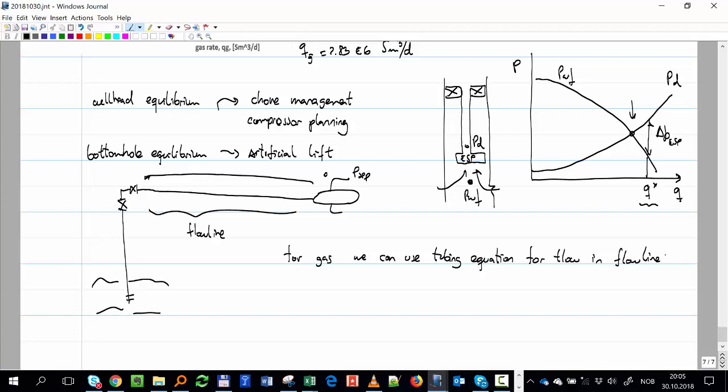So now let's look at many cases, unless it's a subsea system where you have a lot of changes in terrain, elevation. For most cases, flow lines are fairly horizontal. The change in elevation doesn't really do much.